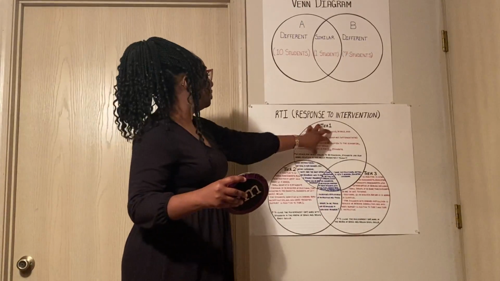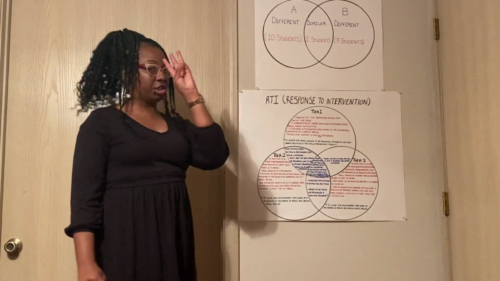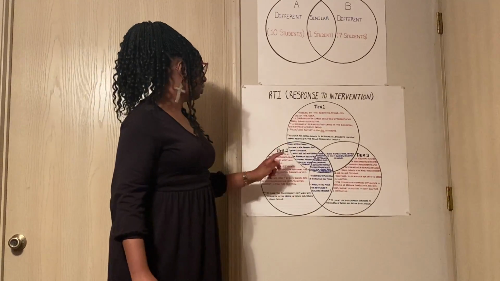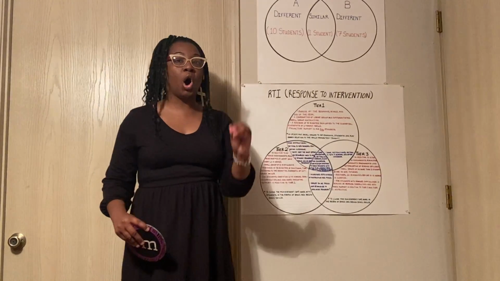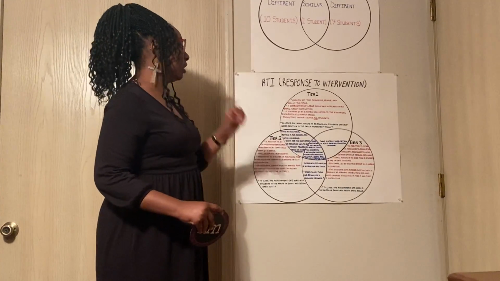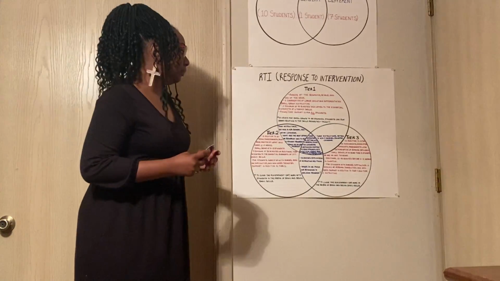Well, with these put in place, and what I mean by these is the tiers, which are tier 1, tier 2, and tier 3, in red explains all of the things that need to be done in order for the action plan to occur.